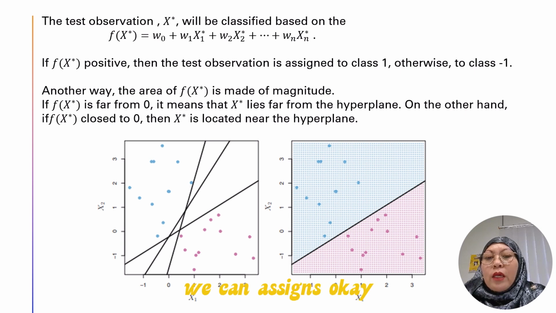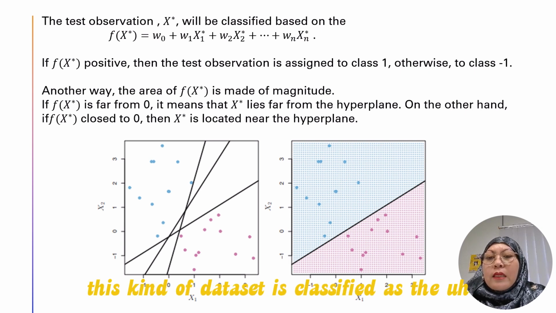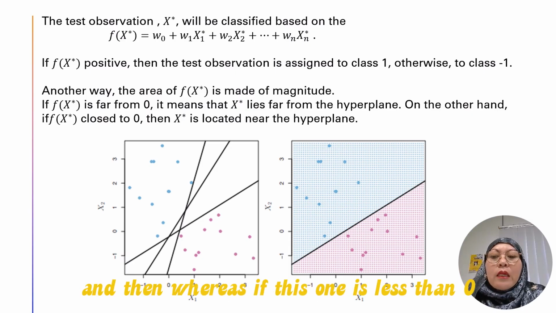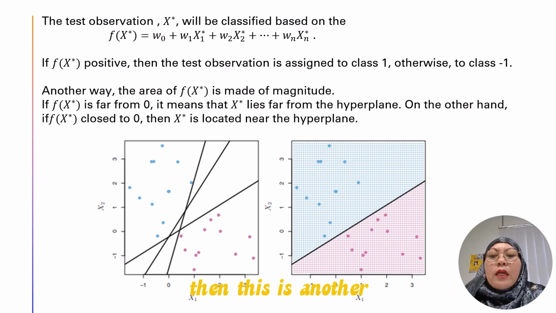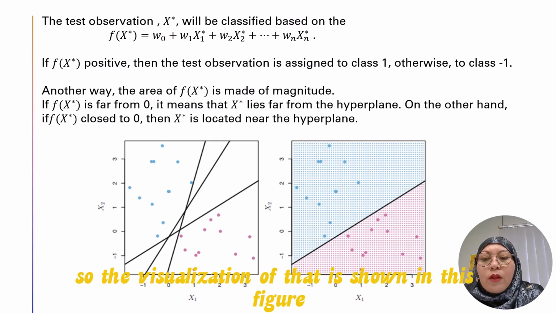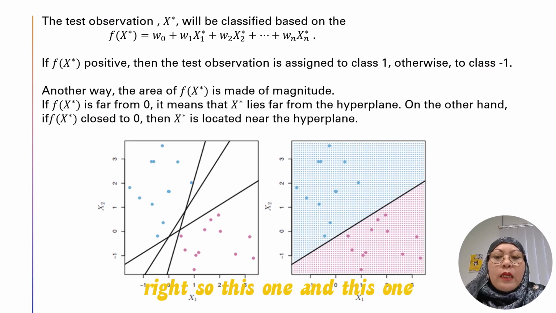Then we can assign this data as classified as +1. Whereas if this is less than 0, then it belongs to the other class. The visualization of that is shown in this figure, this one and this one.